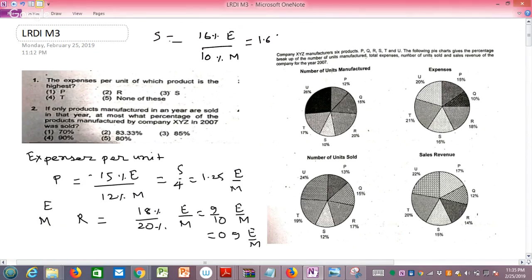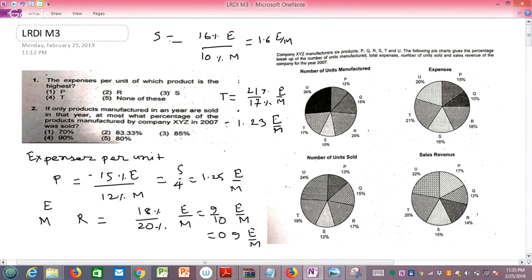So it is coming out to be 1.6 E by M. And for T, it is 21% divided by 17% E by M. So it will come out to be 1.23 E by M, which is also less.